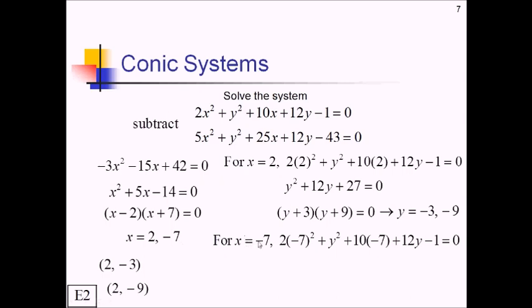So if x equals -7, then we've got 2 times 49, which is 98, and this is -70, so that's a total of 28, minus 1 is 27, and we have, oh wait, it's the exact same equation. So the factoring is going to be the same, the y values are going to be the same, so we're then going to end up with 2 more answers, -7, -3, and -7, -9. So 4 answers for this one.